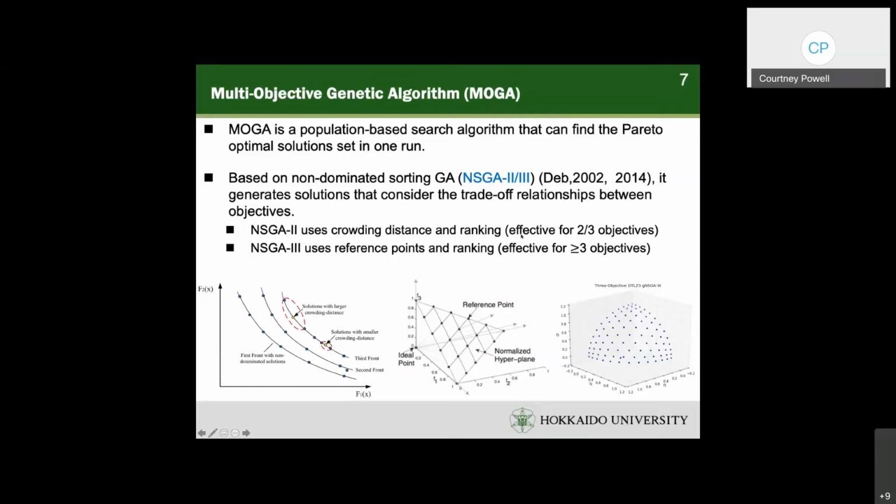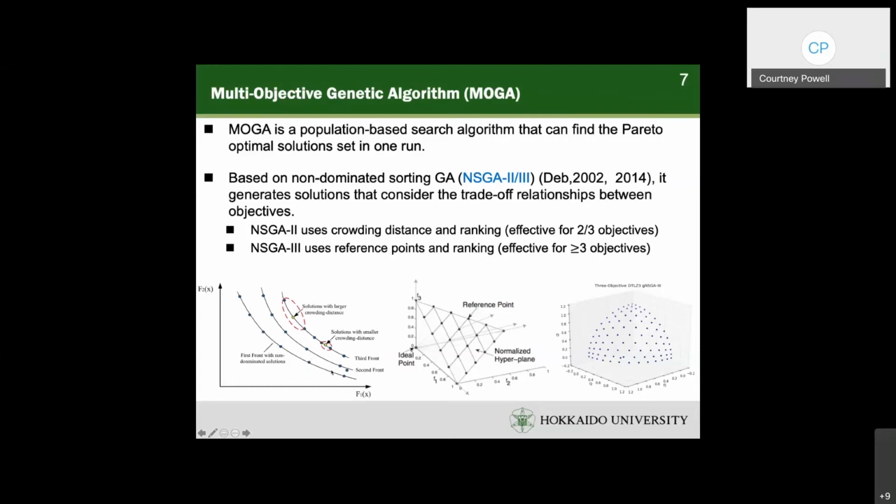So NSGA 2 actually uses crowding distance to get diverse solutions, while NSGA 3 uses reference points to get diverse solutions. But they both use ranking to specify the best solutions.